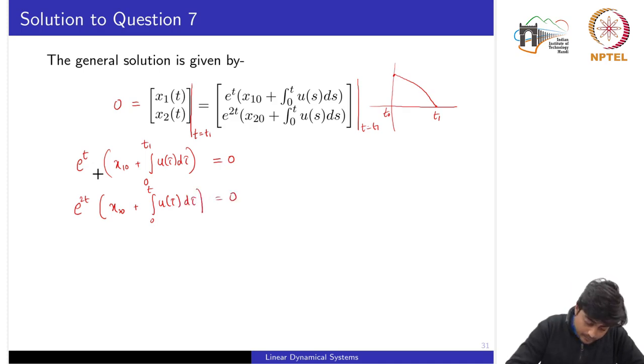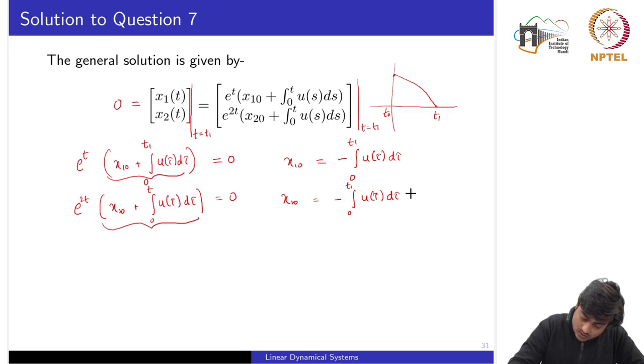Now if you pay attention to these exponentials, these exponentials would always be non-zero. So these two equations can become 0 only if these integrals are equal to 0, meaning x10 would in that case be equal to the integral in d tau, and my x20 becomes equal to the same as x10, right?